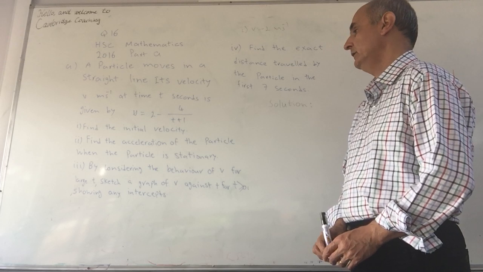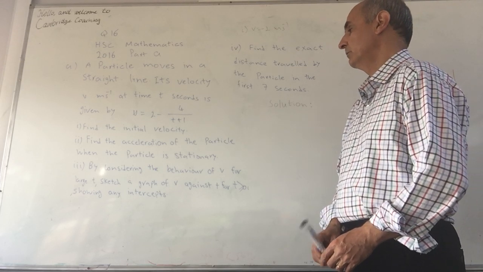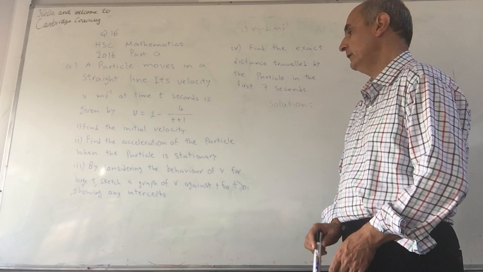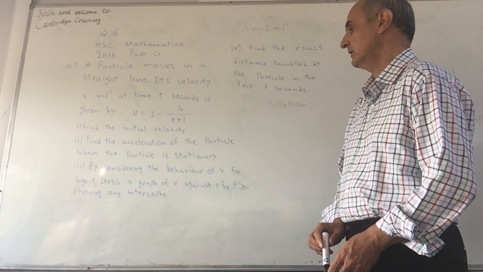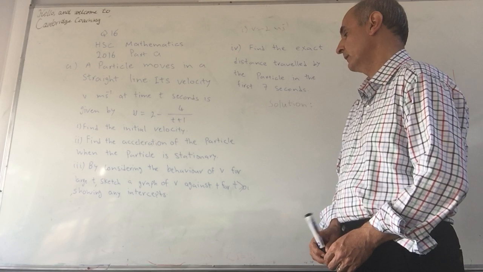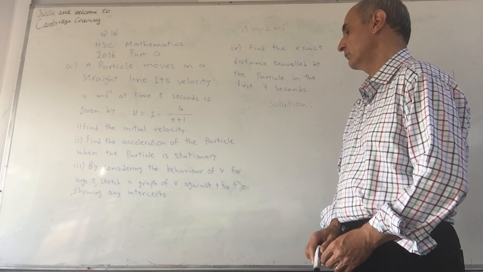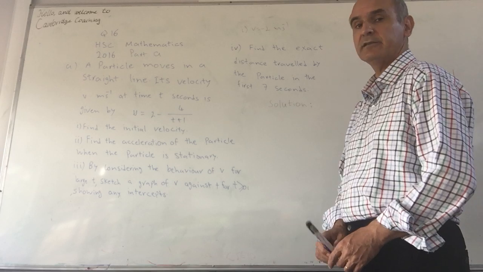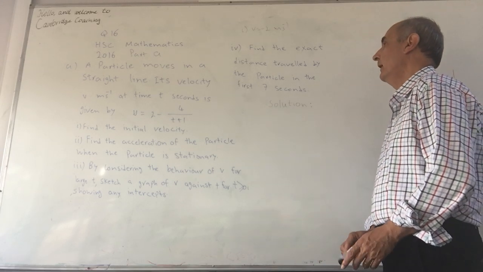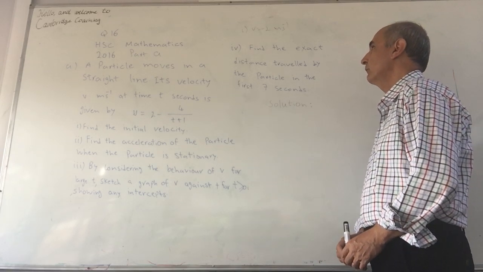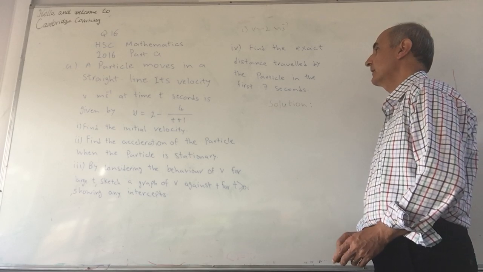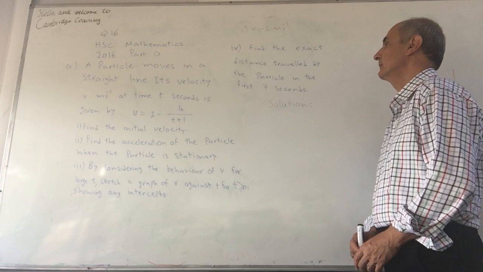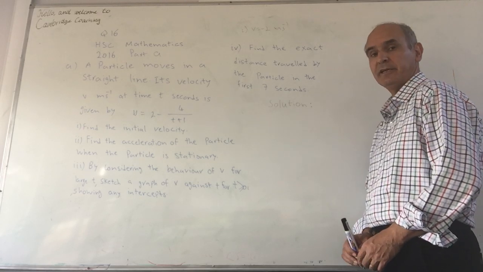And part 3 goes like that: by considering the behavior of v for large t, sketch a graph of v against time for t greater than 0, showing any intercepts. And finally, part 4, find the exact distance traveled by the particle in the first 7 seconds.